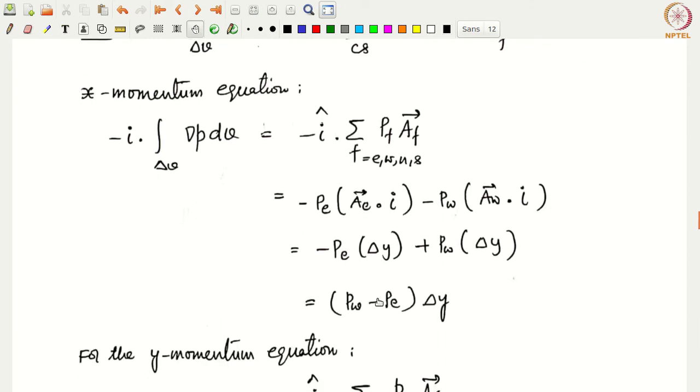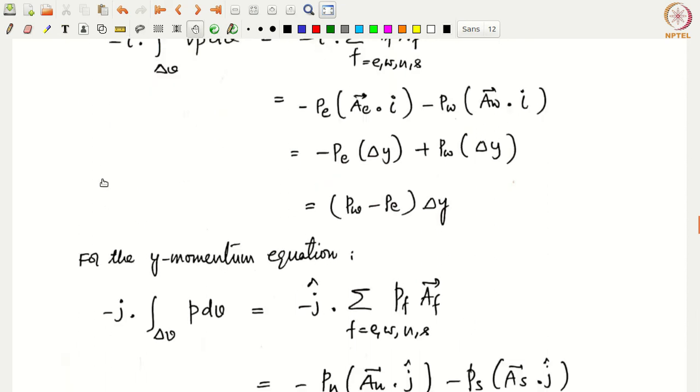So that is how you get the pressure gradient term in the x momentum equation. The discrete value reads as p little w minus p little e times delta y. That means the value of the pressure on the faces, pw minus pe times delta y, is the evaluation of this particular quantity, the pressure gradient coming up in the x momentum equation.